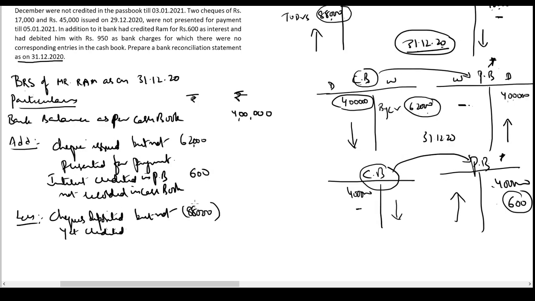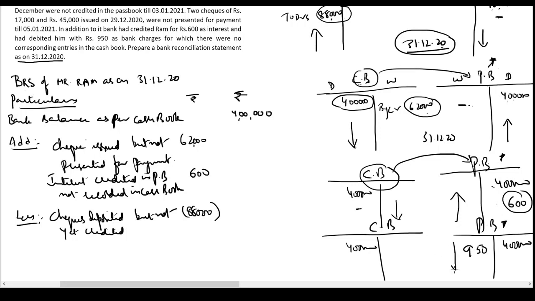We had 950 rupees bank charges, that also we have to see how to deal with it. Cash book, passbook, 4 lakh, put a star mark to passbook. Bank charges is a withdrawal, hence it will be debited in the passbook.